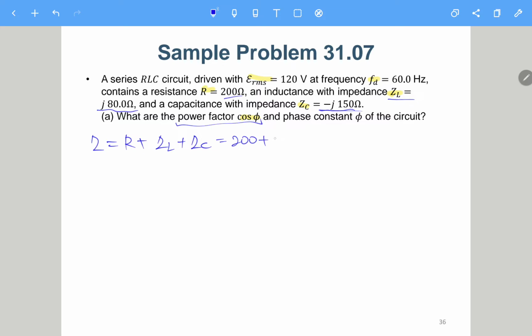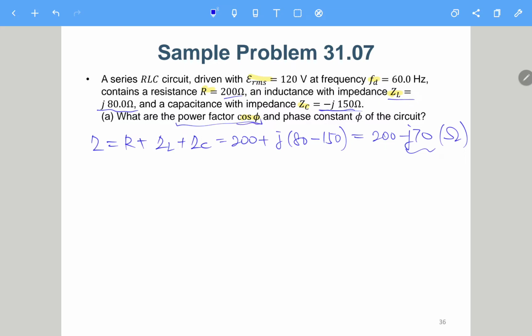So this is actually j times 80 minus 150. Okay, so it turns out to be 200 minus j70. We just use the ohm as the SI unit, although it has an imaginary part, we only need to write ohm for the SI unit.